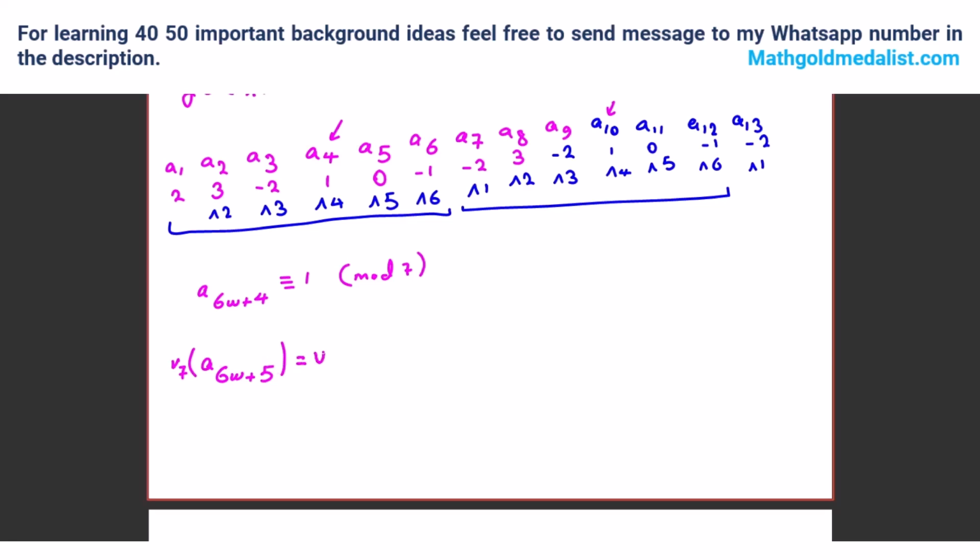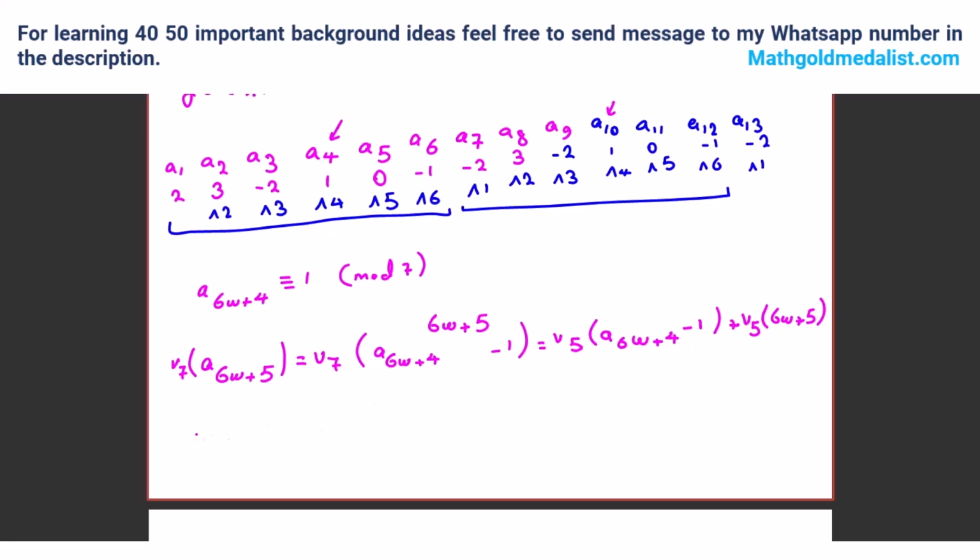So v7 of this is what? v7 of a_(6w plus 5) minus 1. And because it is 1, we can apply LTE. It will be v7 of a_(6w plus 4) minus 1 plus v7 of 6w plus 5.